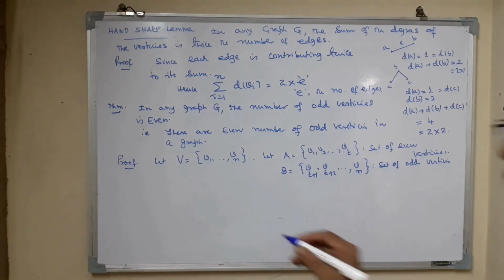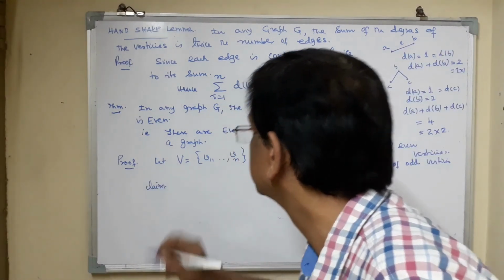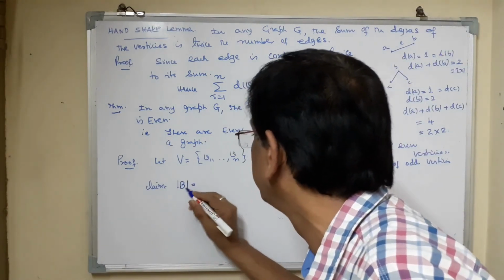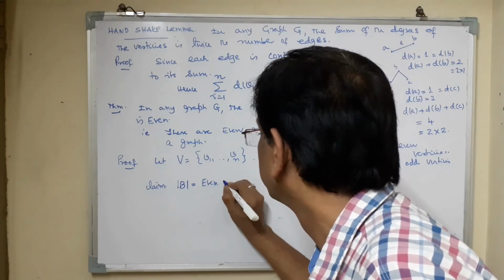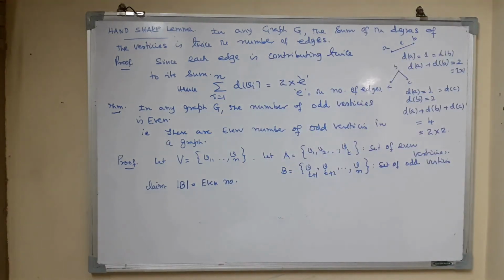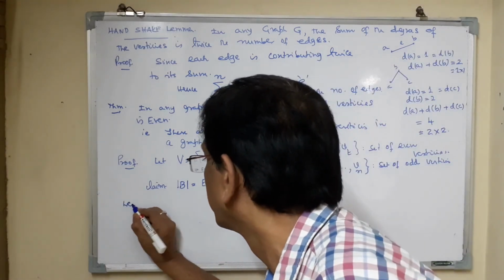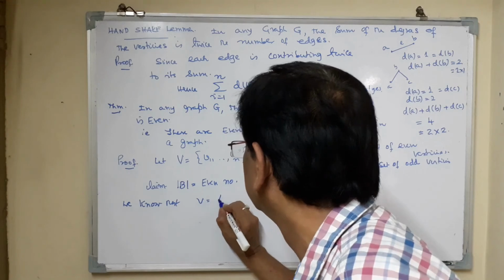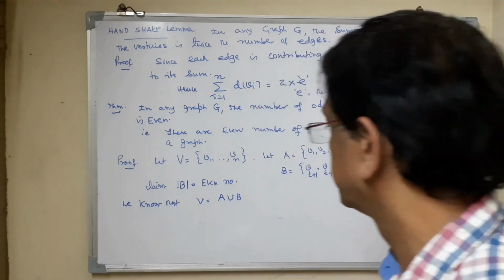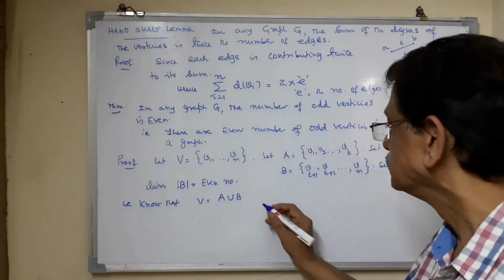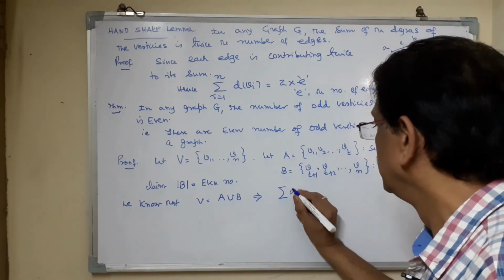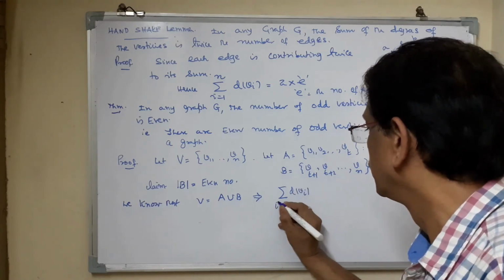The claim is, what is the claim? There are an even number of odd vertices. That means the cardinality of B, the number of elements in B, should be even. That's what I have to prove. We know that V is equal to A union B. Now, I want to write down the sum of d(vi), i equal to 1 to n.